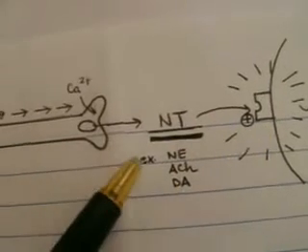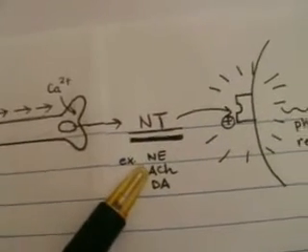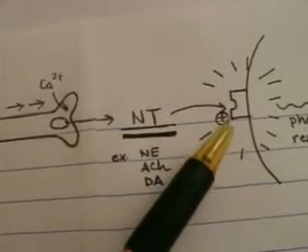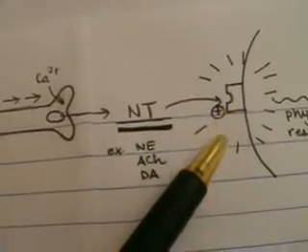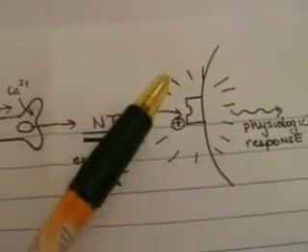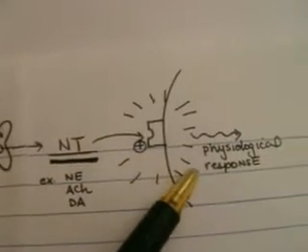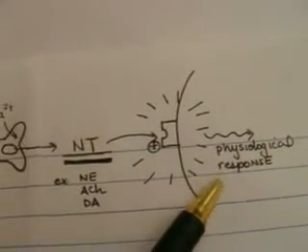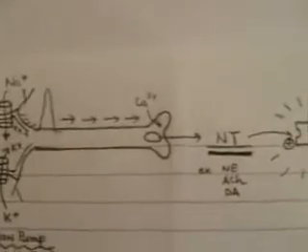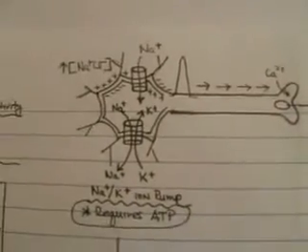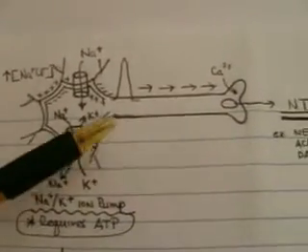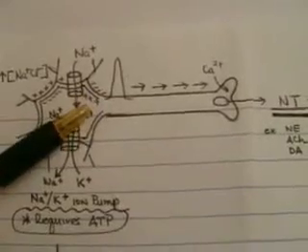For example, if norepinephrine were released, it will go to its respective receptor and create a conformational change in the cell membrane, and a certain physiological response will take place within the cell. That's the normal neurophysiological response within a cell once it's stimulated.